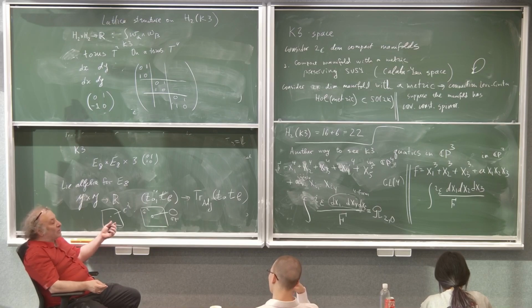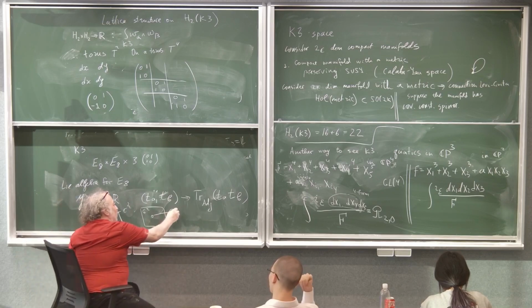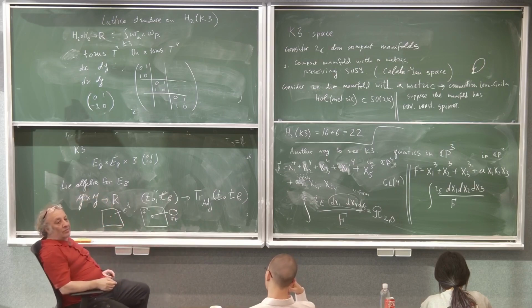And when you are acting by this Z2 action, you take one point here, you go to another point. Directions are not invariant. Yes, so previously, if you had a small S2 around this point, you can just contract it to a point.